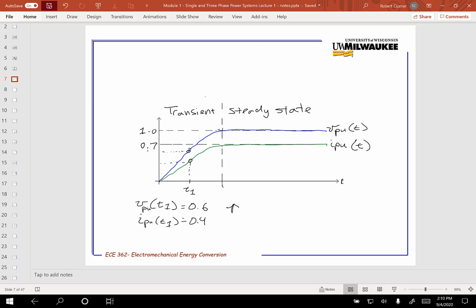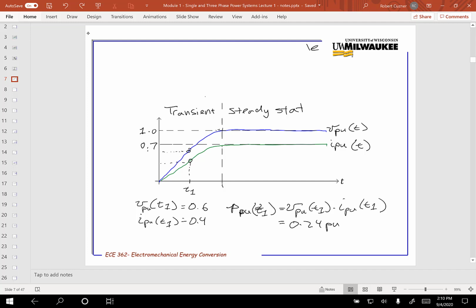So the instantaneous power, per unitized of course, because these are both in per unit, at T1 would be V per unit at T1 times I per unit at T1, and so that'd be 0.6 times 0.4, or 0.24 per unit.